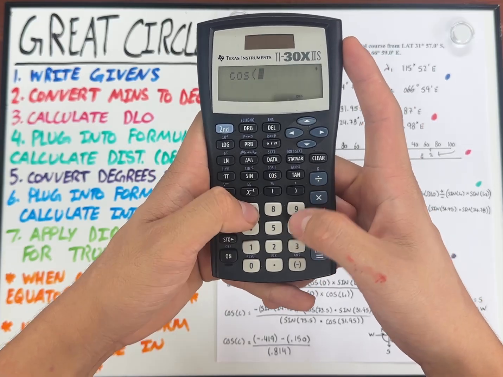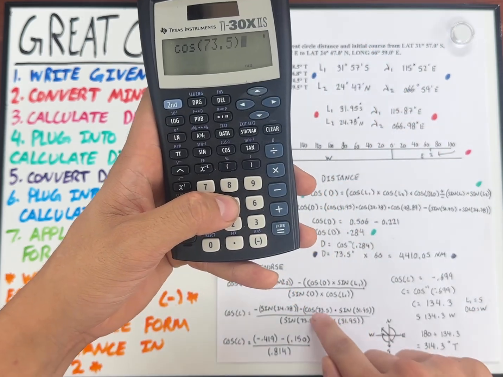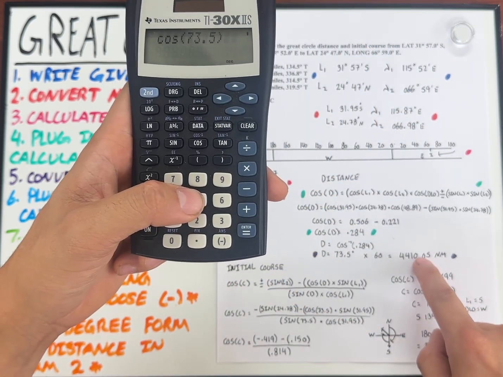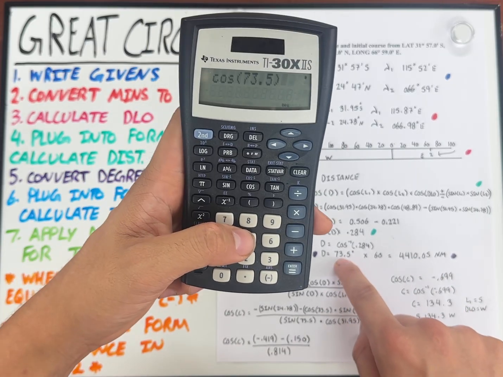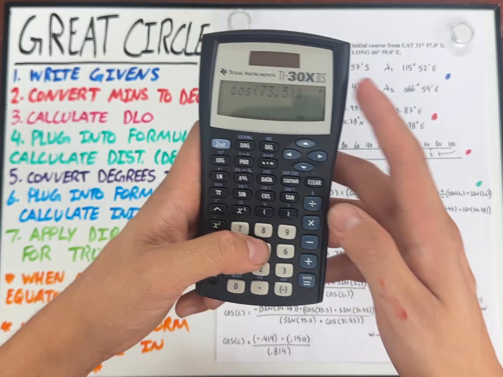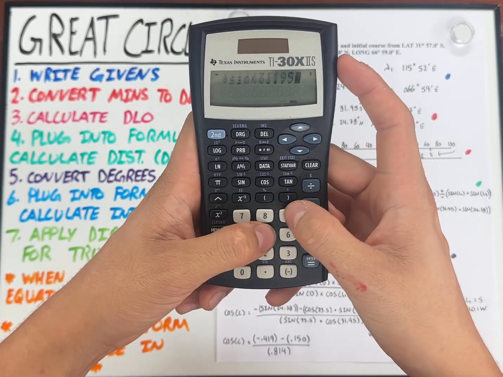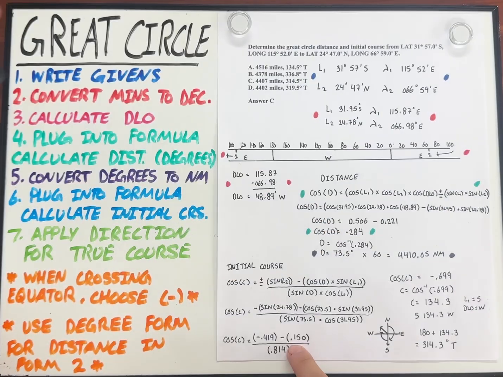Minus cosine 73.5, or cosine of your distance. And remember, we're using our degrees for our distance here. I did convert that to nautical miles, but for the initial course formula, we're using our distance in degrees. So cosine 73.5 times sine of 31.95, which is our latitude 1, gives .150. I have that here.